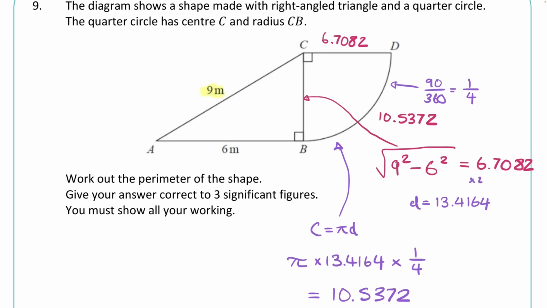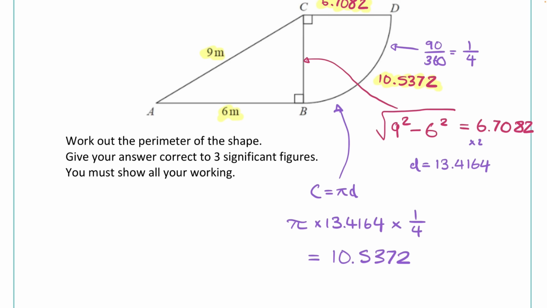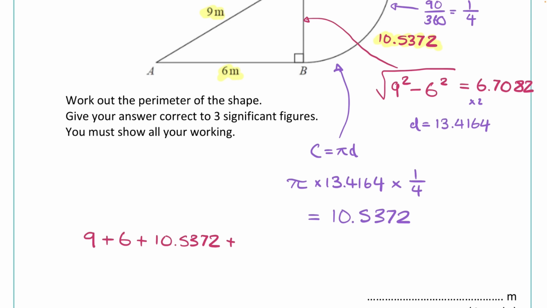So we have 9, 6, 6.7082 and 10.5372. Now ideally, I'd write those all down in a big long addition. I'm going to type it on my calculator anyway, but I want to show that I'm adding together these lengths. So I'm going to write that down, 10.5372, add 6.7082. There we go. I'll get a final answer for that.